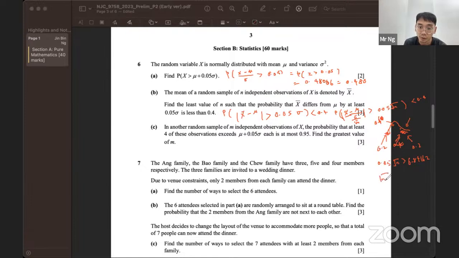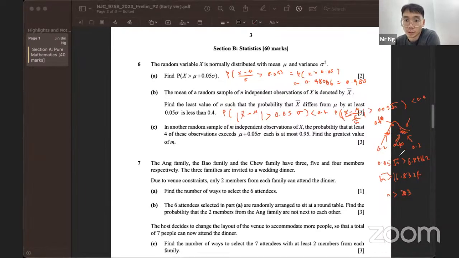So square root n is more than 16.8. 283.24, so this thing squared, n is more than 283. Okay, n is more than 283.